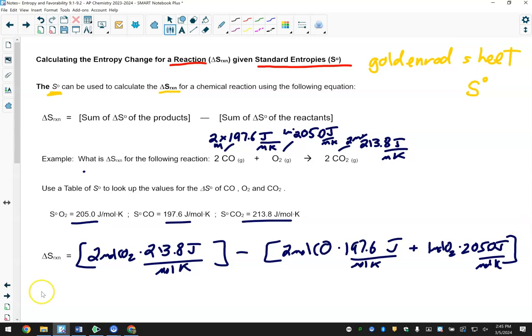Okay, if you do all that, I have the numerical answer here, pretty figured out for us.